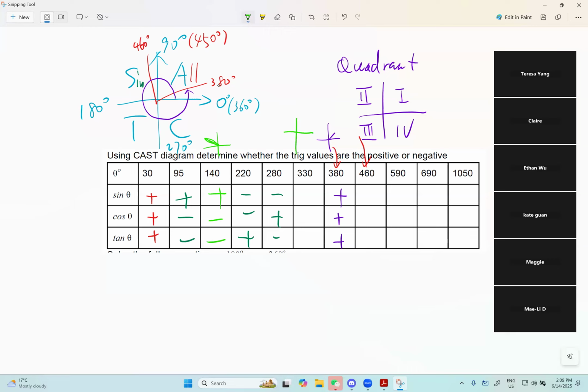In the fourth quadrant, 330 is here. Cos positive, the other two negative. Here, this one we did. Sine positive, the other two negative. Team, next column.